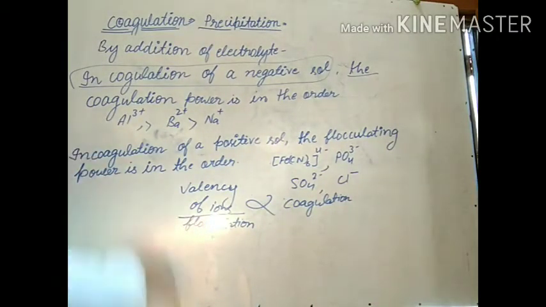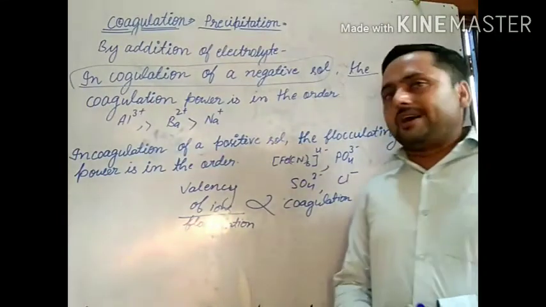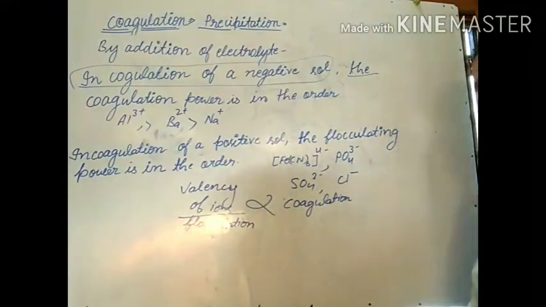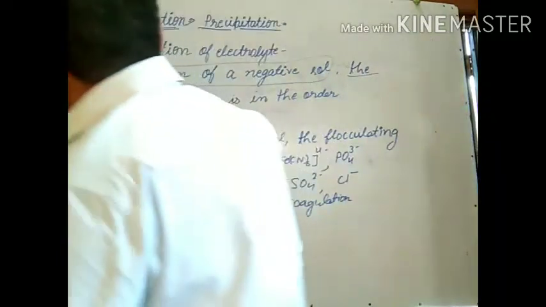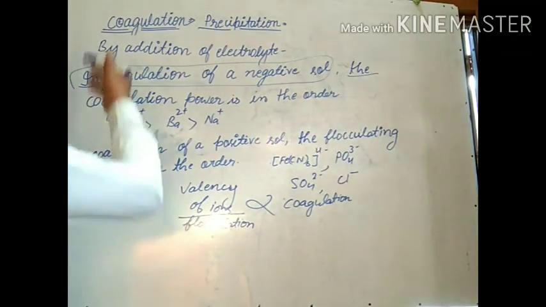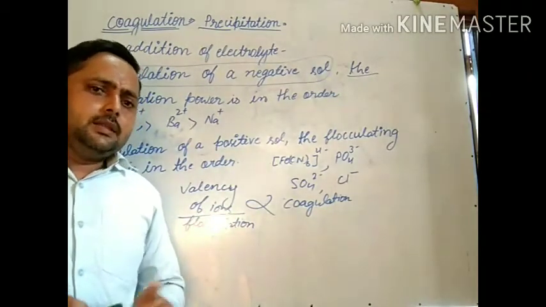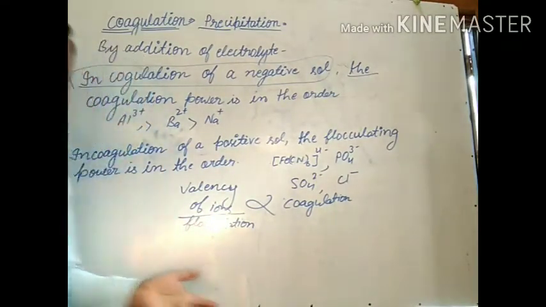So we discussed that here. Next point is how much quantity is needed for coagulating, and how much time it takes to coagulate. We discussed coagulation, but you may be confused how much time it needs and how much quantity is needed, and what is coagulation value.